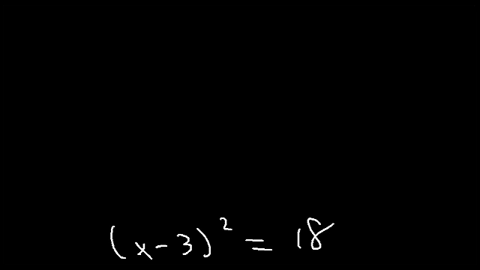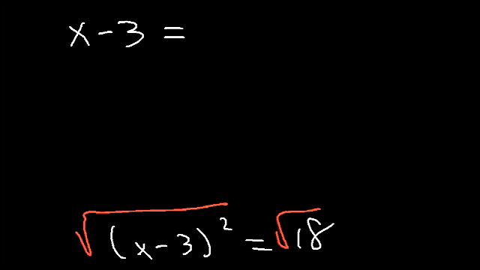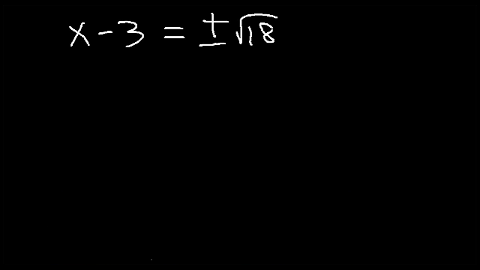In order to solve for x, at this point, we need to take the square root of both sides. So on the left side, the square root will cancel the square, so it's going to be x minus 3. On the right side, it's plus or minus root 18. But now let's see if we can simplify radical 18. The square root of 18 can be broken into the square root of 9 and the square root of 2.